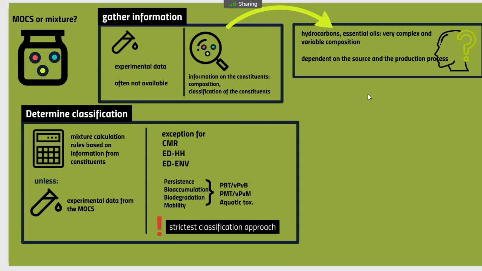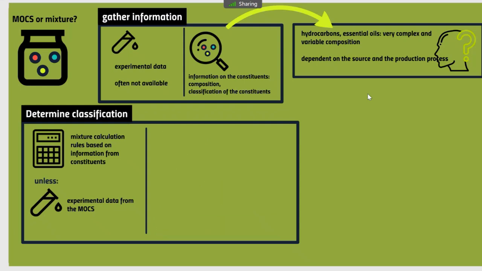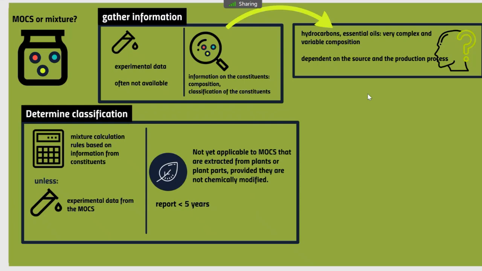Then, to make it a little bit more complicated, there's an exception on the exception, because this is not applicable yet for MOCS that are extracted from plants or plant parts, provided they are not chemically modified. In that case, experimental data can still overrule the mixture calculation rules.